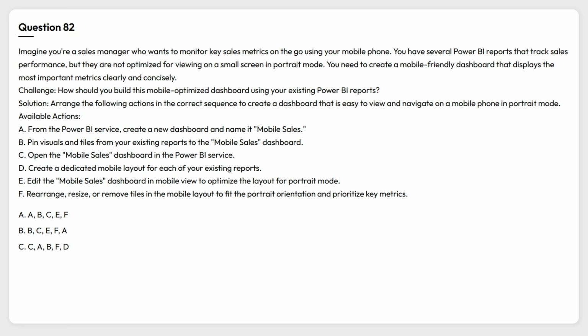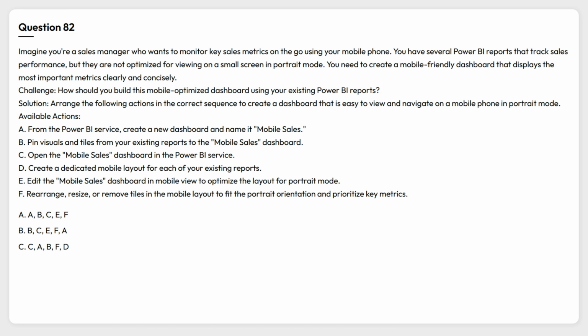You need to create a mobile-friendly dashboard that displays the most important metrics clearly and concisely. Challenge: how should you build this mobile optimized dashboard using your existing Power BI reports? Solution: arrange the following actions in the correct sequence to create a dashboard that is easy to view and navigate on a mobile phone in portrait mode.